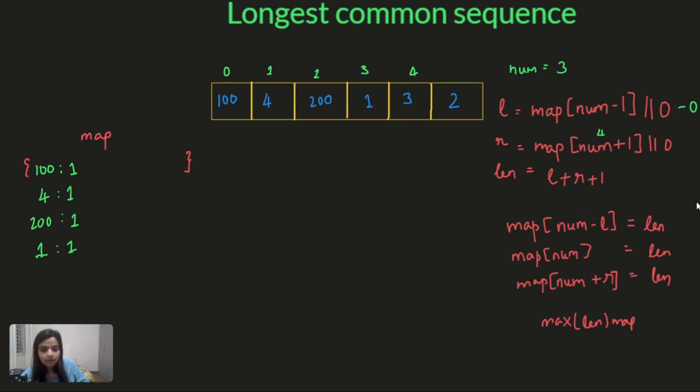So we take the value which is 1 in this case. Okay. Now len value will be 0 plus 1 plus 1, which will be equal to 2. Now map of num minus L. Num is what? 3 and L is 0. So 3 minus 0 is 3. Map of 3 is equal to 2.